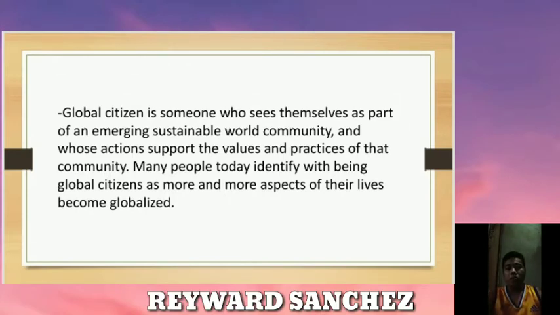Many people today identify with being a global citizen in more and more aspects of their lives. To become a global citizen, citizenship nurtures a personal respect and respect for others wherever they live.